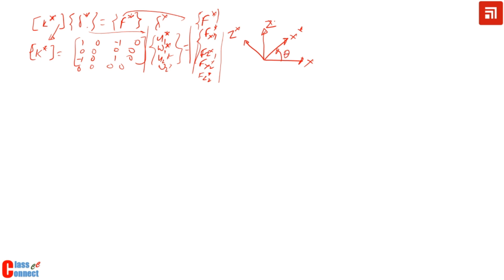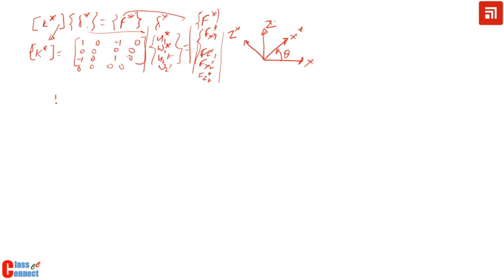We see the same type of transformation in a computer graphics course or strength of materials course when we discuss biaxial state of stress, or the robotics course when we discuss the rotation of frames from one reference frame to another. The video of this rotation is available on my YouTube channel, and the link is given in the description, so you can go through that video to understand the concept of rotation, and how the rotation matrix or transformation matrix is developed.